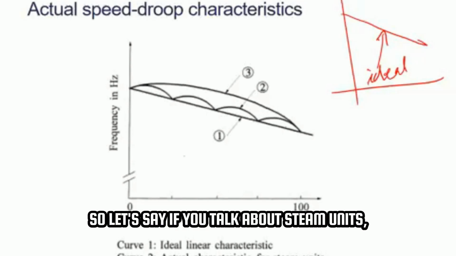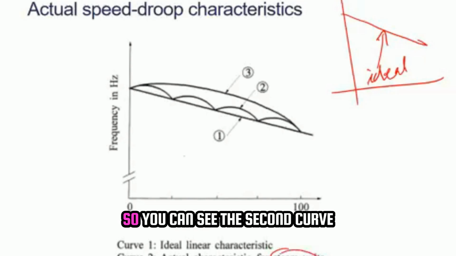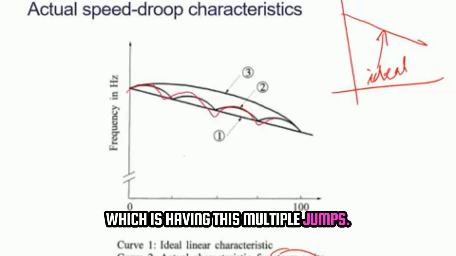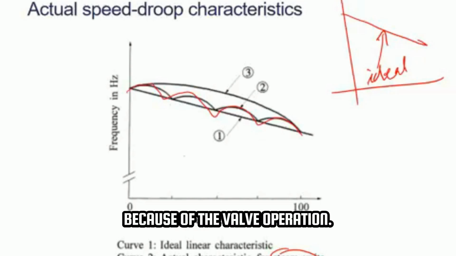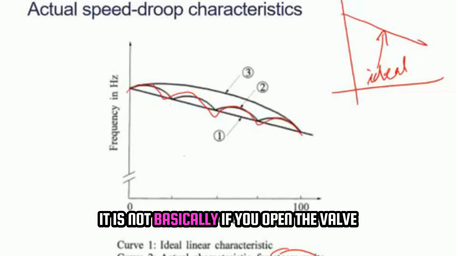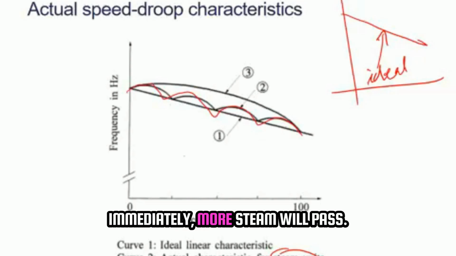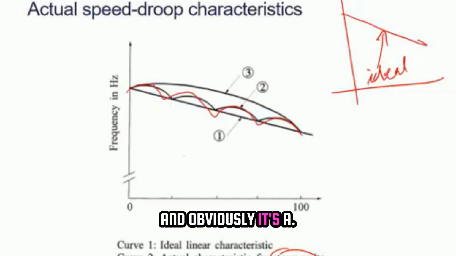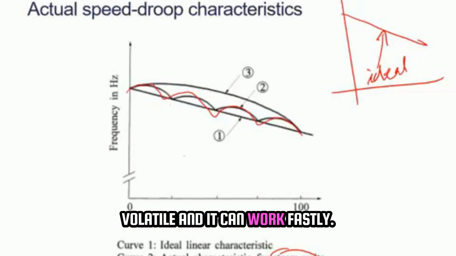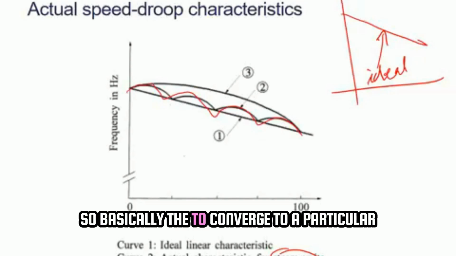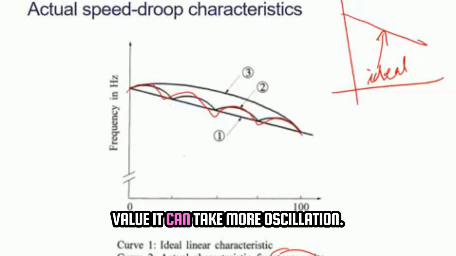So if you talk about steam units, you can see the second curve which is having multiple jumps. These multiple jumps come because of the valve operation. In the steam plant, the valve operation is not smooth. If you open the valve, immediately more steam will pass, and steam is a gas, so it is more volatile and works fast. So to converge to a particular value, it can take more oscillation.